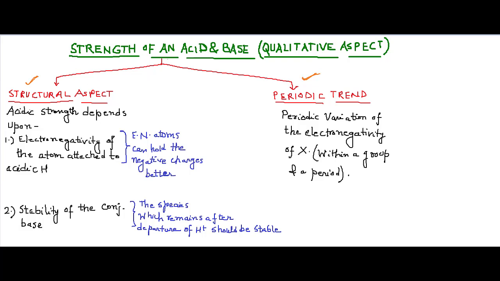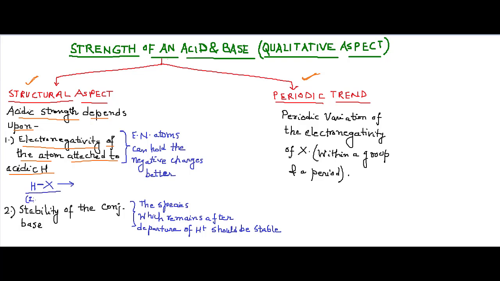So under structural aspects, the acidic strength depends upon, first, the electronegativity of the atom attached to acidic hydrogen. So what does this mean? This means that if we have an atom like X attached to hydrogen, HX, and this is an acid.